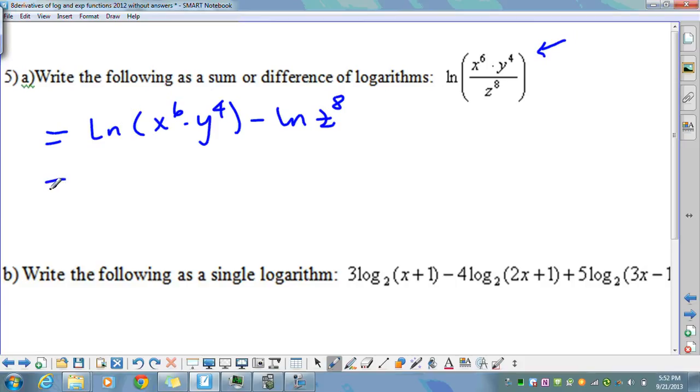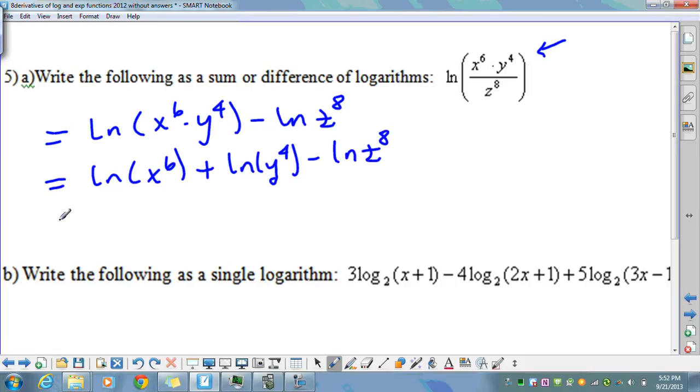So break that apart as a sum. And finally, there's one more thing we can do with those powers. Property number 3, we can bring each of those powers down, right? So here we have 6 times natural log of x plus 4 times natural log of y minus 8 times natural log of c. So that's how we can simplify this.